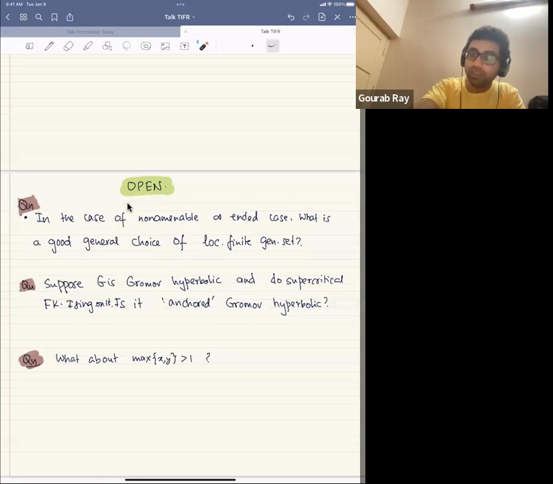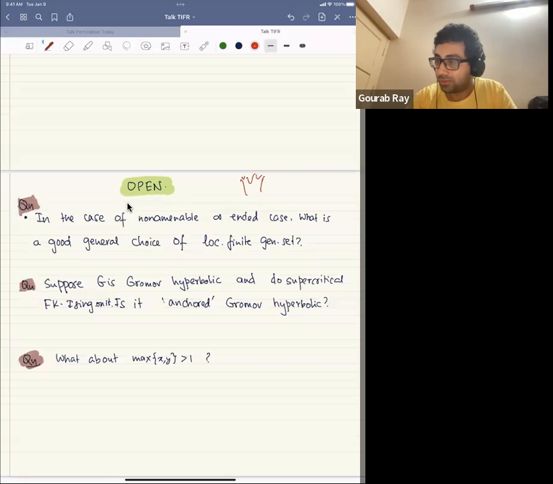So one thing maybe I can point out here, given the amount of things I was able to say. In the non-amenable situation where the graph is infinitely ended, and think not a tree, so think of some other graph which has infinitely many ends. It kind of looks like this, and it's like a tree. So what's a good general choice of a locally finite generating set?